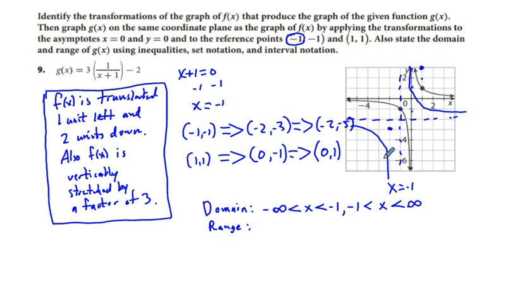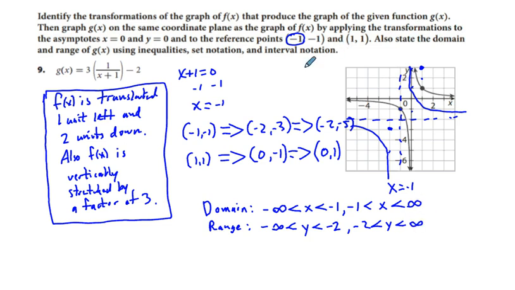And our range is going to be the same type of process, but with y up to our horizontal asymptote of negative 2. So we go from negative infinity less than y, which is less than negative 2, comma, negative 2 less than y, which is less than infinity.